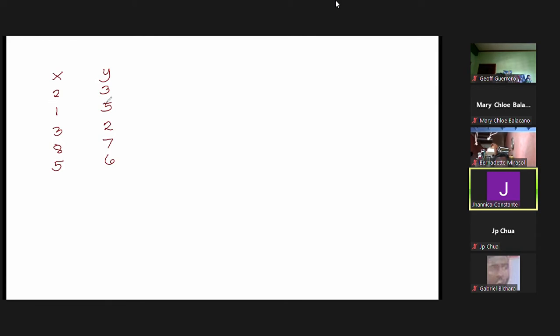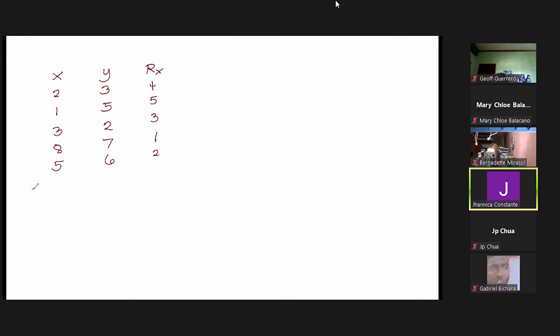So we're going to rank the values of set x. Rank 1, which is 8, is the first rank, followed by 5, then 3, we have 2, and the last is 1. So we have fifth rank for the set of x.